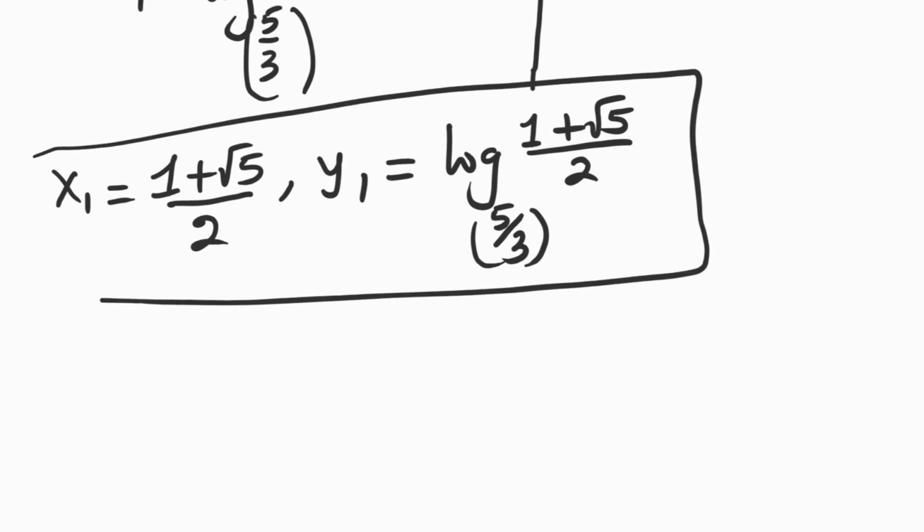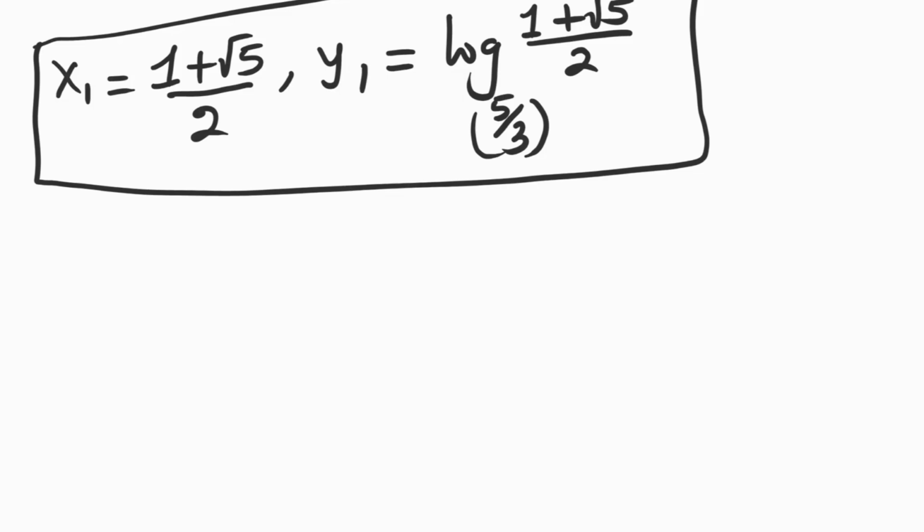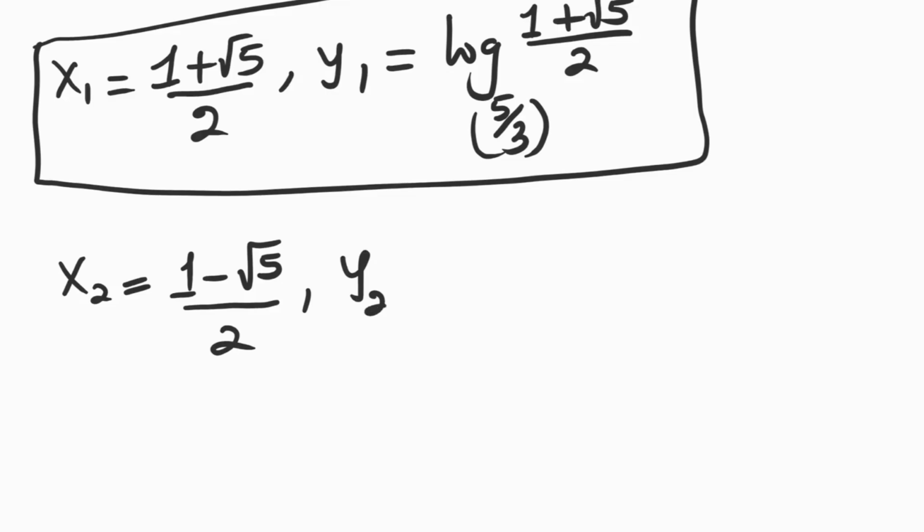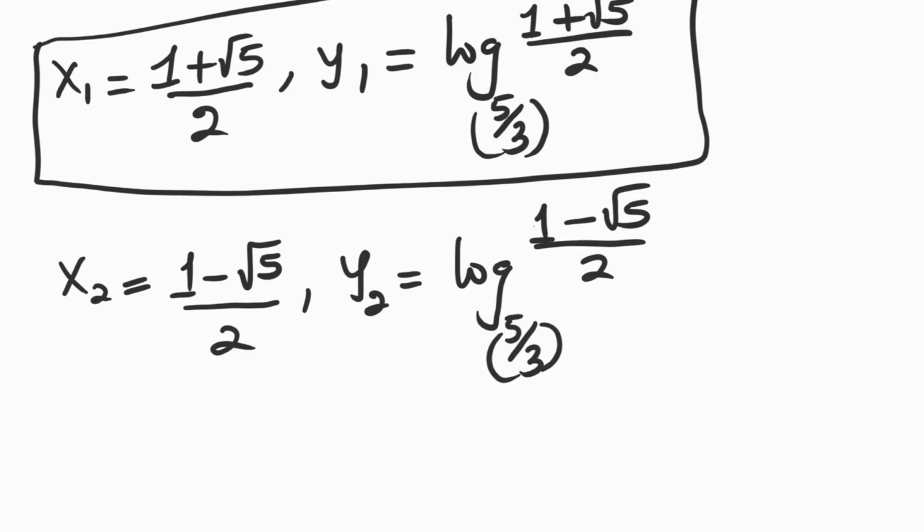That's our x1, y1. Our x2 is equal to 1 minus root 5 divided by 2, and y2 is equal to log of 1 minus root 5 divided by 2 base 5/3.